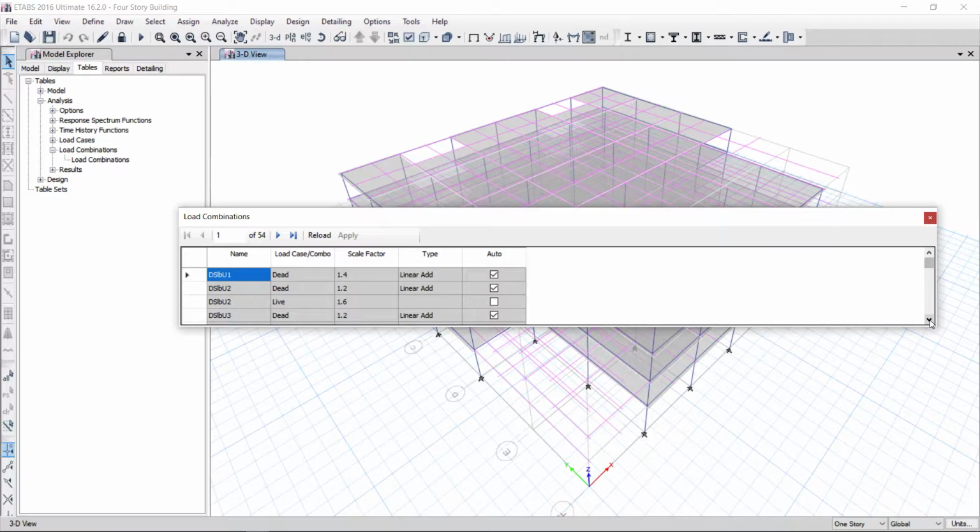Wherever live load comes, for example here, this is 1.6, here 1, again 1, again 1, for the seismic case again 1, then 1.6, 1, 1, again 1, seismic again 1.